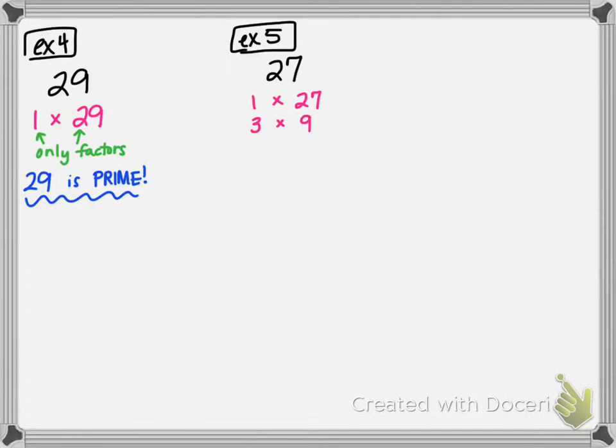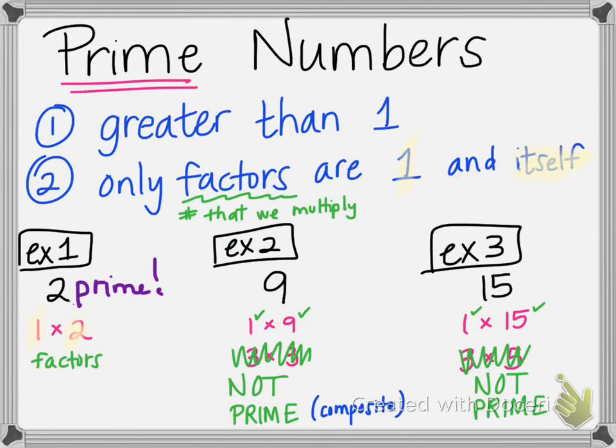And here I had 1 and 27 as the only factors, but as soon as I can find extra factors, that means that that number is not prime. So we found again a composite number. So just as a quick recap of the definition, 2 rules. First, it must be greater than 1. And then second, the only factors will be 1 and that number itself.